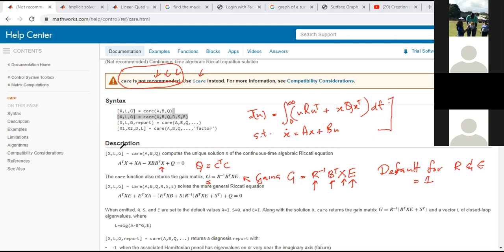like we said, G is the gain of the system, L are the eigenvalues of the system, and X is the solution to this matrix Riccati equation. So if you remember, I ended up with the simple one.